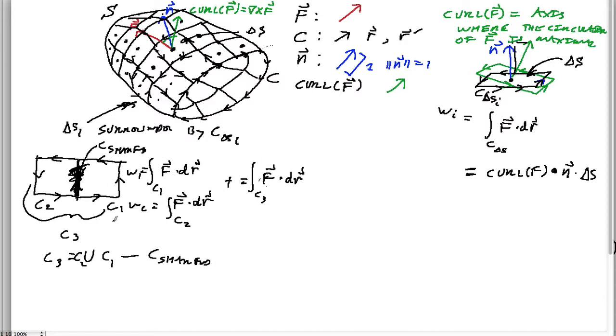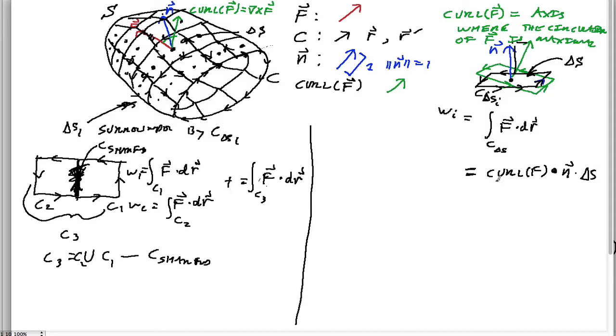So every boundary point will get canceled. If we do all these work integrals, anytime they share a boundary, they cancel, and so every interior boundary point on every work integral will cancel. All right, so we can formalize this process.